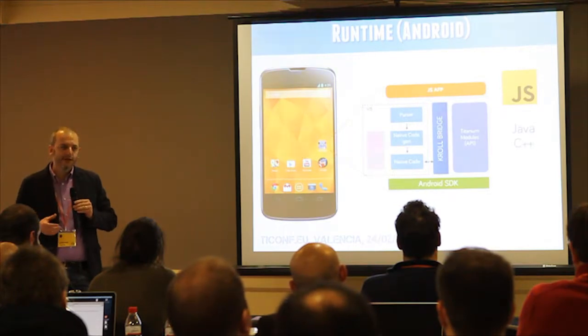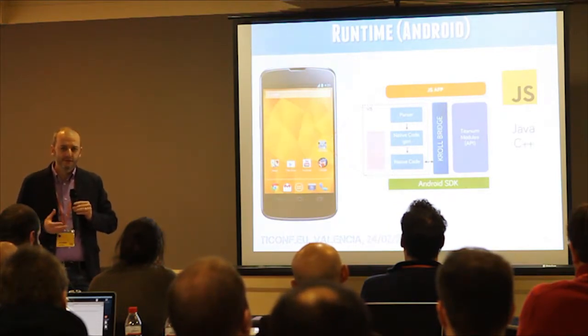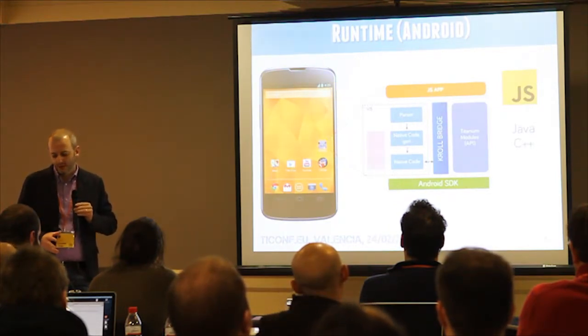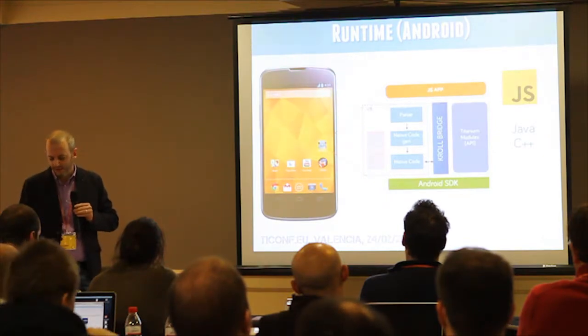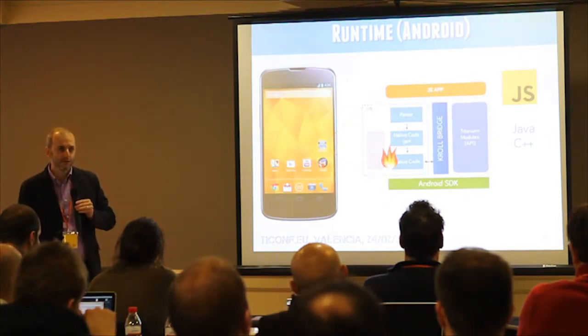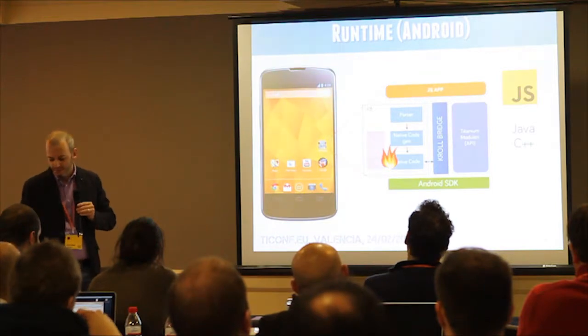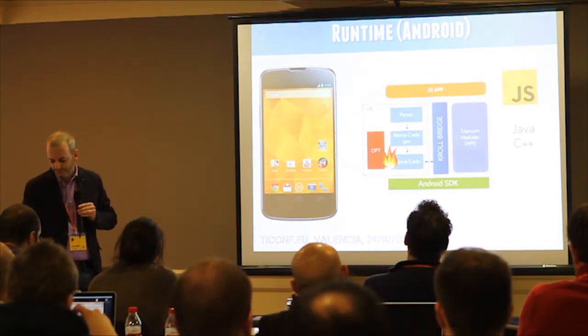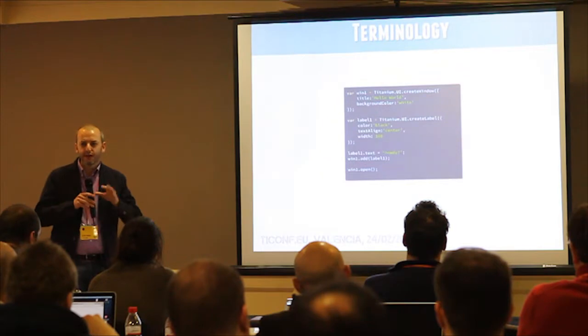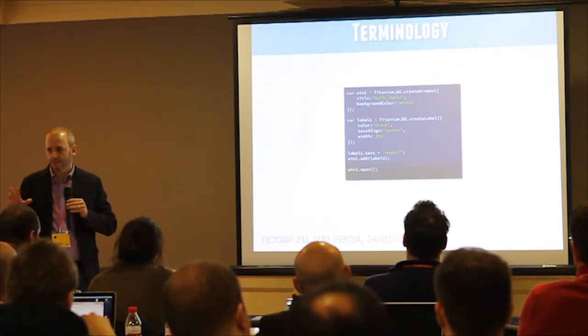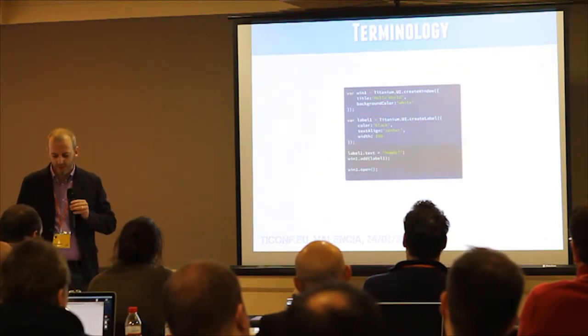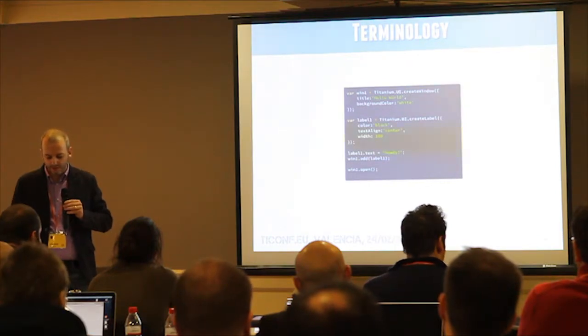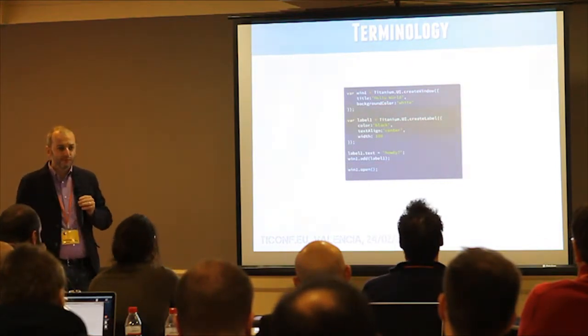So V8 actually doesn't interpret the code, but it compiles it at runtime through a JavaScript just-in-time compiler and optimizer. This is just to have an idea on how things work on the two architectures. A bit of terminology.